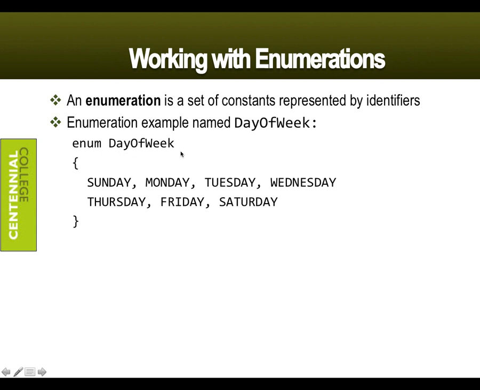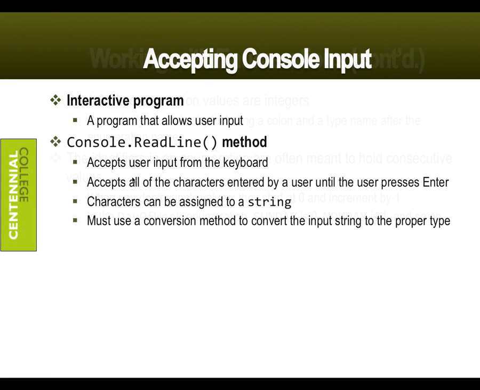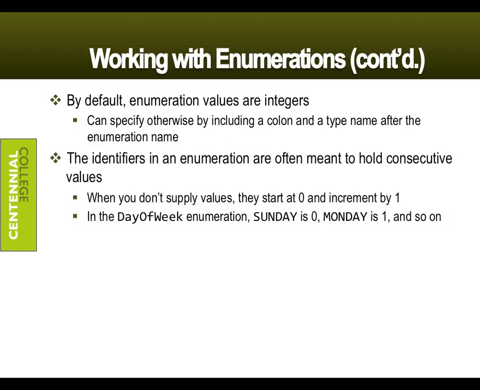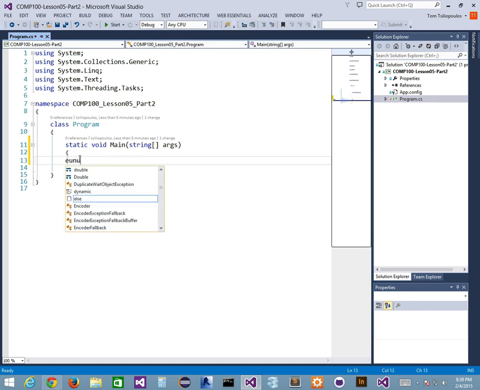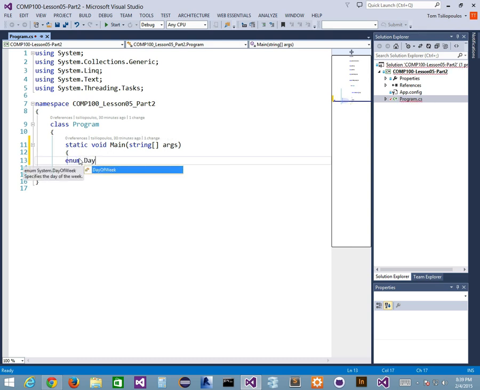But now what I can say is day of week, and I can say Sunday. Let me give you an example of that. When I make an enumeration, here's what I can do. Let's call it an enum. And my enum is going to be called, I'll do the same example, day of week.